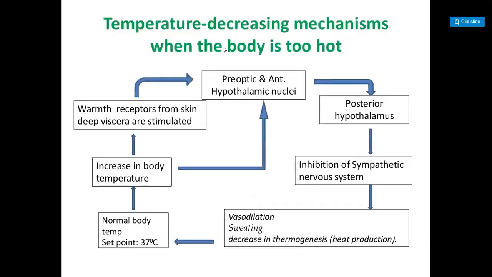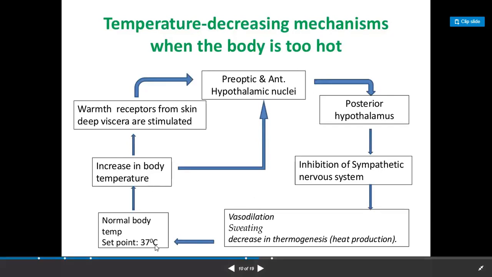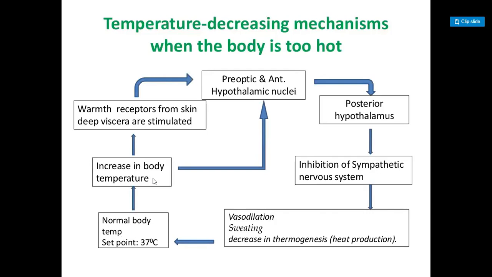Good. Now, look at this diagram. This is the temperature decreasing mechanism when the body is too hot. So now your body is too hot, we need to decrease the temperature. Here we have the normal body temperature, which is set at 37 degrees. There is an increase in body temperature, maybe because you are in the sun or you did exercise or something.